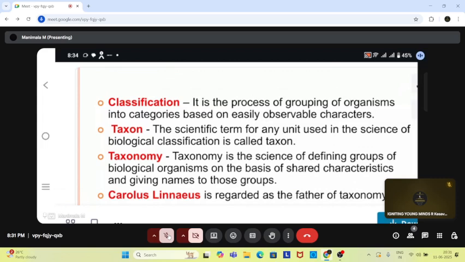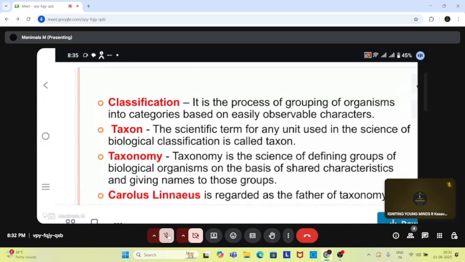First, we will go with the taxon. The scientific name for any unit used in the science of biological classification is called taxon. If we are using a scientific term for any organism unit, it is called taxon.